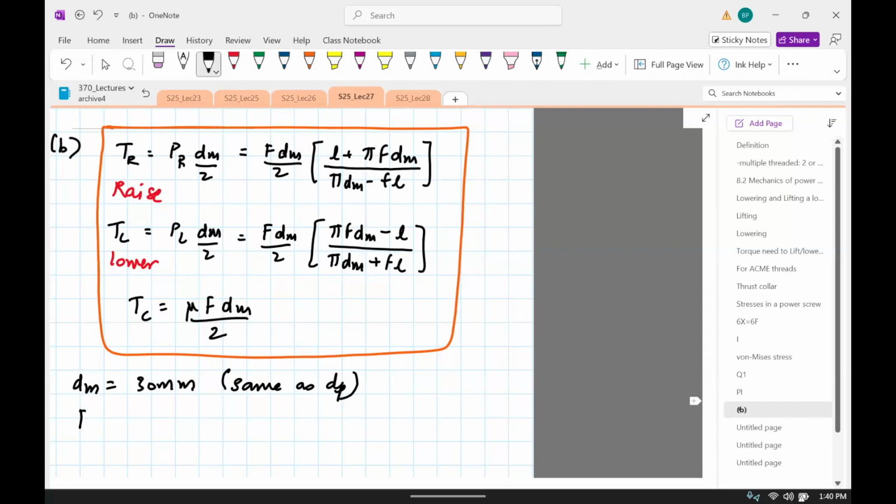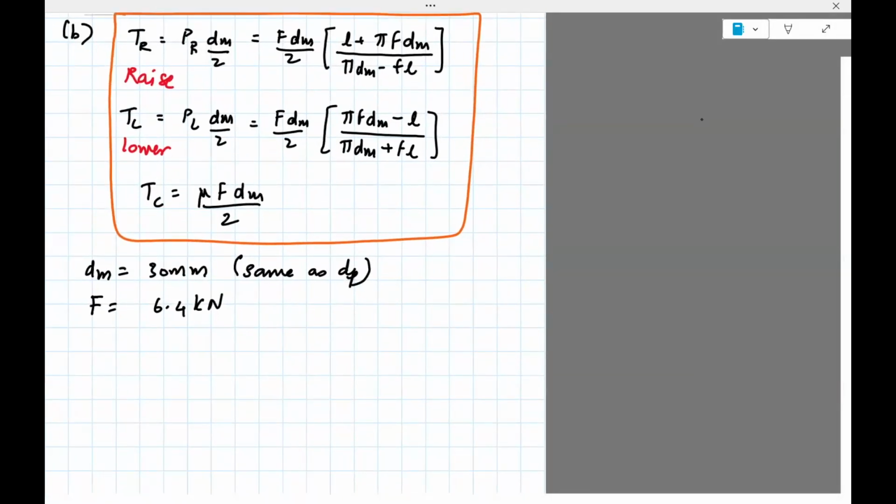We have F, which was given per screw, so that comes out to be 6.4 kilonewtons. Then we have DC, the collar radius, which we were told, 40 mm. Then we need the lead, which is 8 mm, computed in part A.